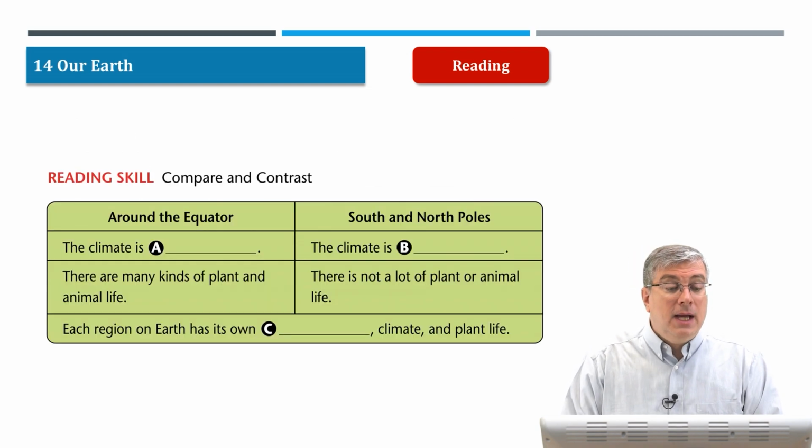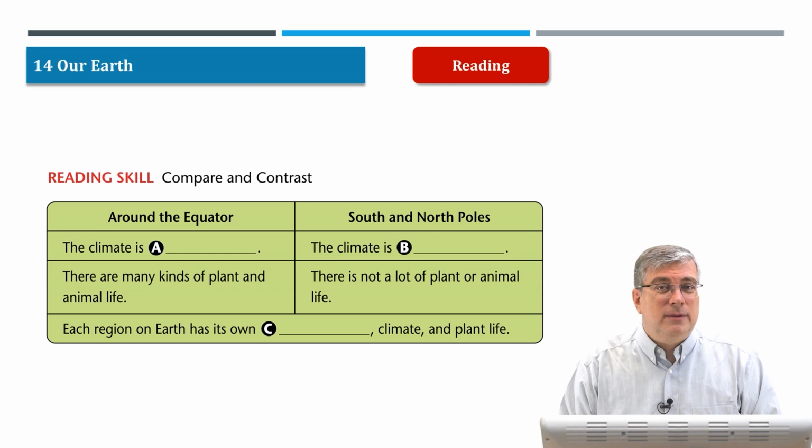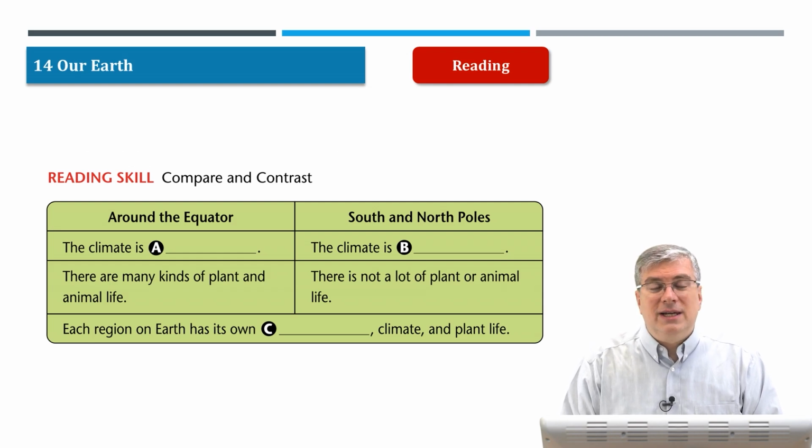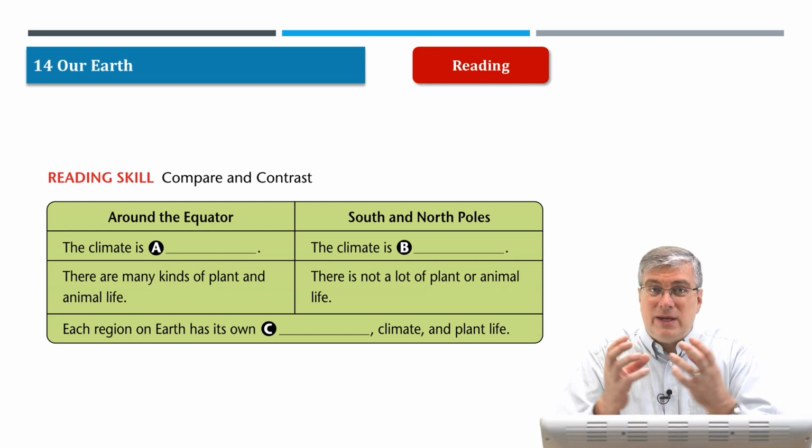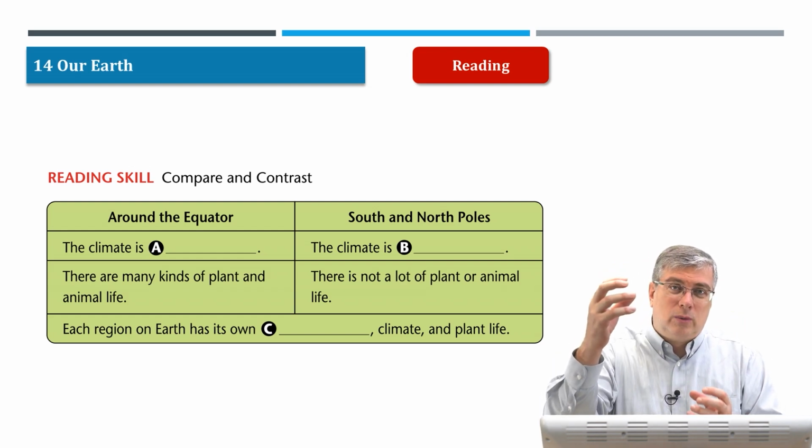Okay. Let's talk about the organization of the information in the reading. And in this case, we are using the organizational pattern of compare and contrast. Now, when we talked about the globe, we talked about two main regions, right? We talked about the equator, that's at the middle of the Earth, and we talked about the polar regions.